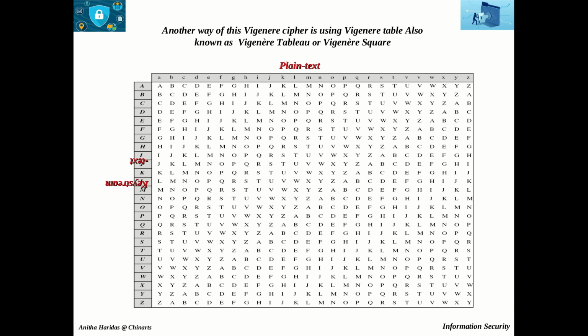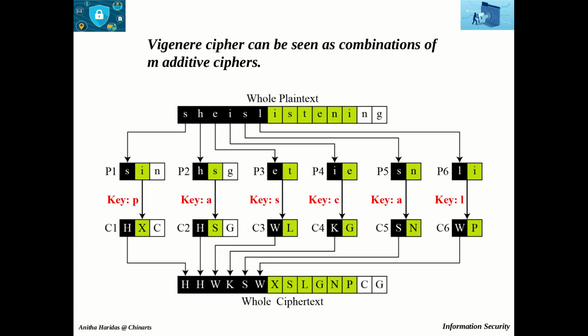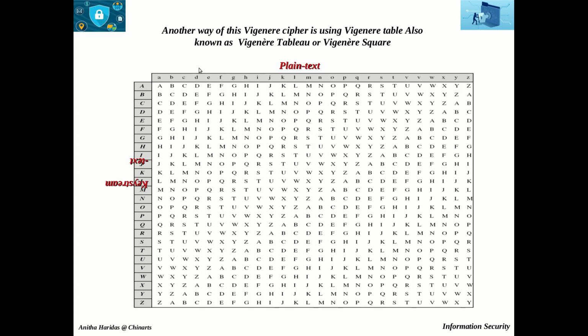Now, apart from using this method in the Vigenère cipher, we have another way of doing this, which is using the Vigenère table. This table is also known as the Vigenère square. So using this Vigenère square also we can have the Vigenère cipher done. This is the square. Please observe the square.